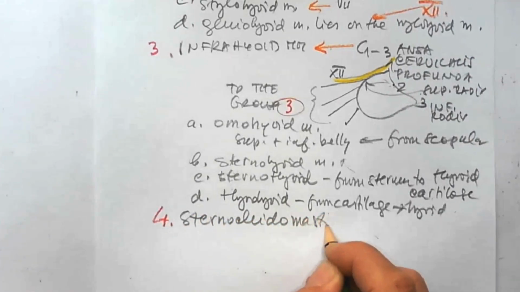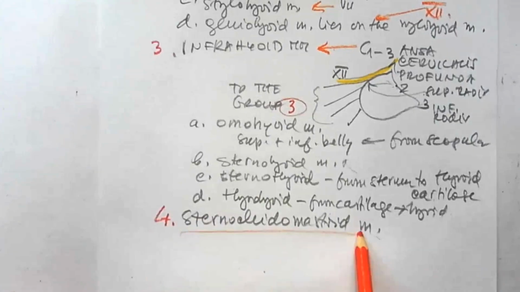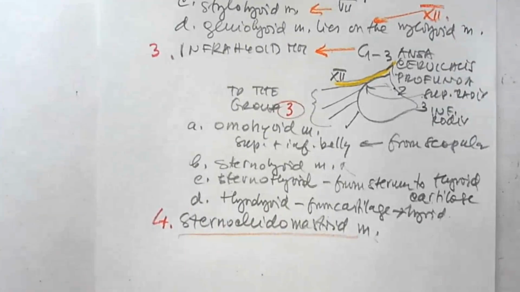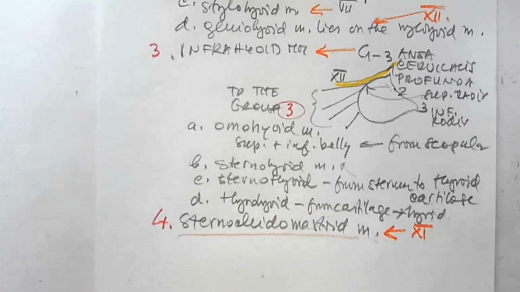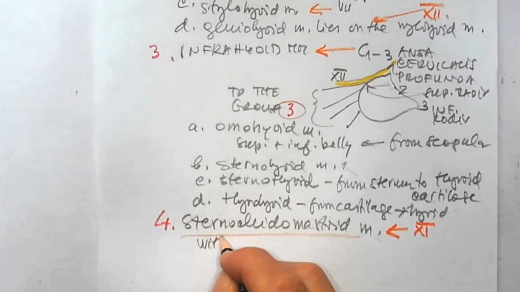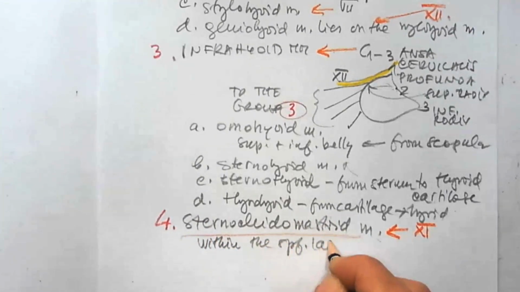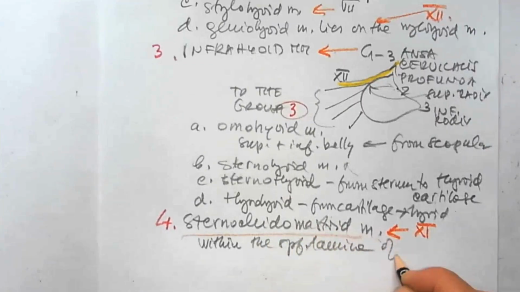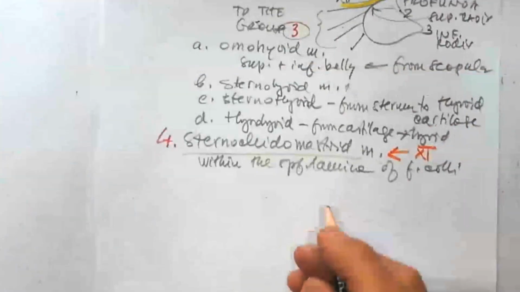And then number 4, we are at the sternocleidomastoid, which is the strong muscle. We know that the muscle is responsible for movements of the head, is innervated directly by nerve number 11, accessory nerve, and it's situated within the superficial lamina of fascia colli.